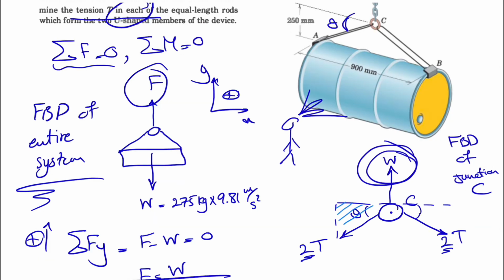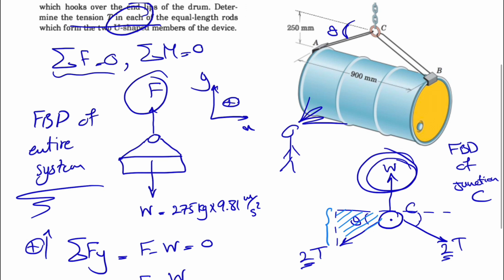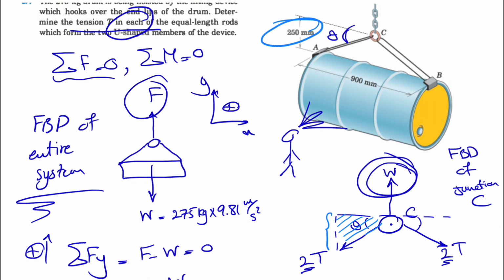So if we look at this right triangle here, it should be easy to find the theta, because we know this side is what we have in the figure, 250 millimeter, and if we want to find this side, all we need to do in here is just to divide 900 by 2, because we have this whole 900, which means this will be 450, and same for here, 450 here too.